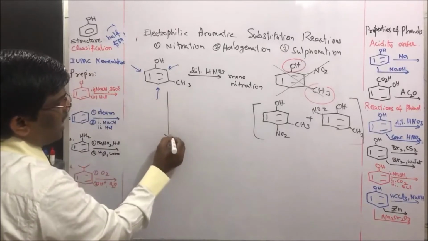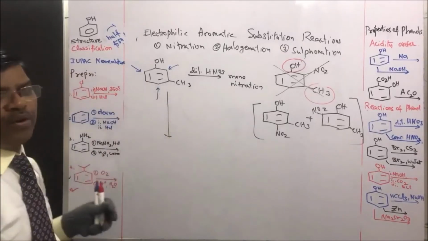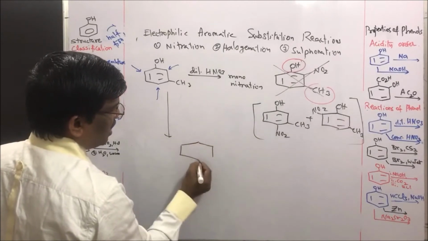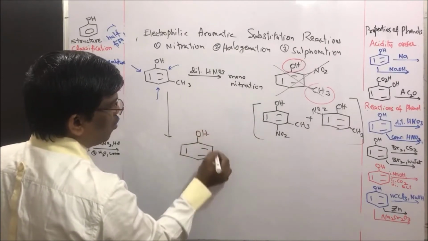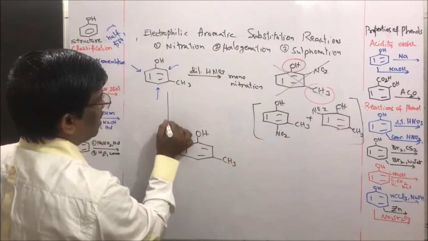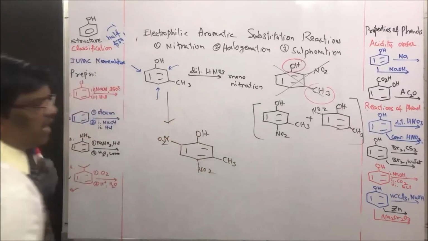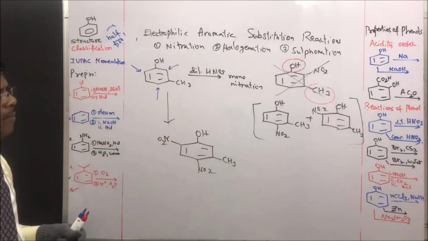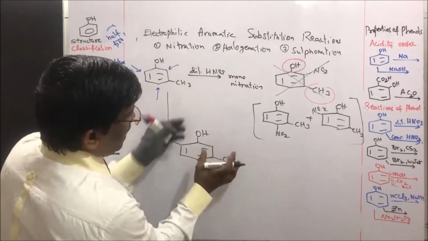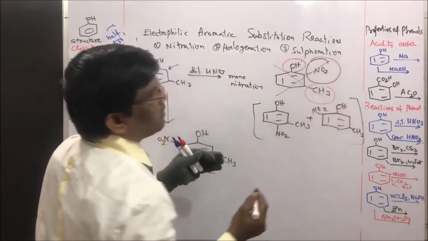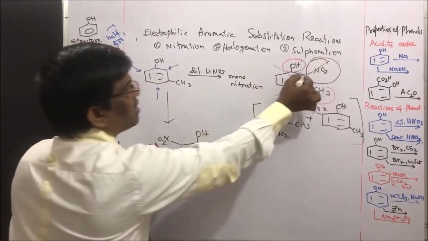Then if I ask dinitration of this compound, where does it take place? It is going to undergo dinitration at these two positions. You get the dinitro compound because this position is blocked; the incoming nitro group is very tough to enter into this carbon.